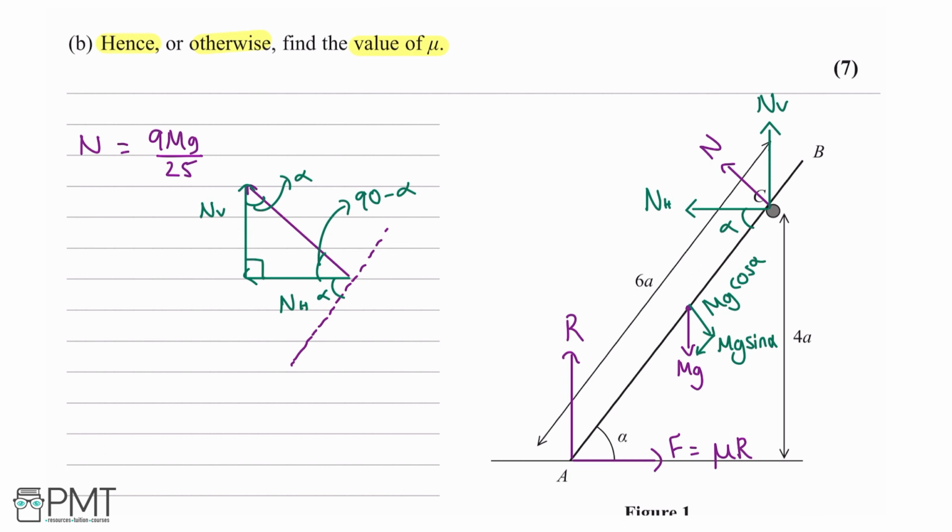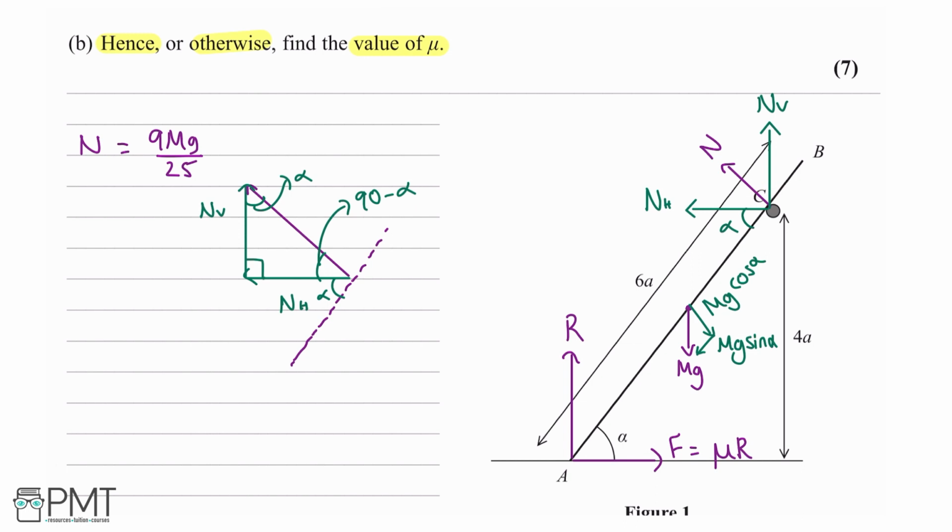We know this is 90, so this bit is alpha. So now we understand that the angle between the normal reaction force and the vertical is alpha, we can start to resolve it.